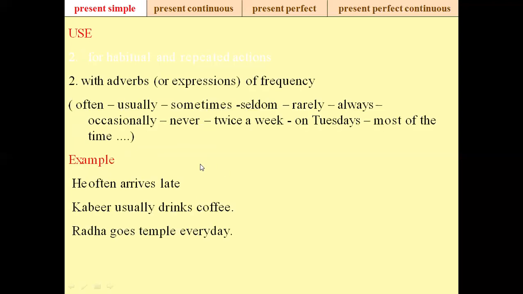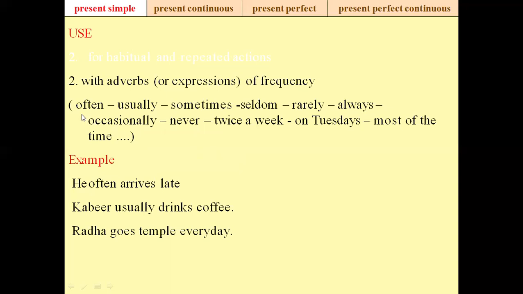Now we will move to the next use. This is the second use: with adverbs or expressions of frequency. If anything happens frequently, then at that time we also use the simple present tense. But at that time there are adverbs of frequency. These are the adverbs of frequency.